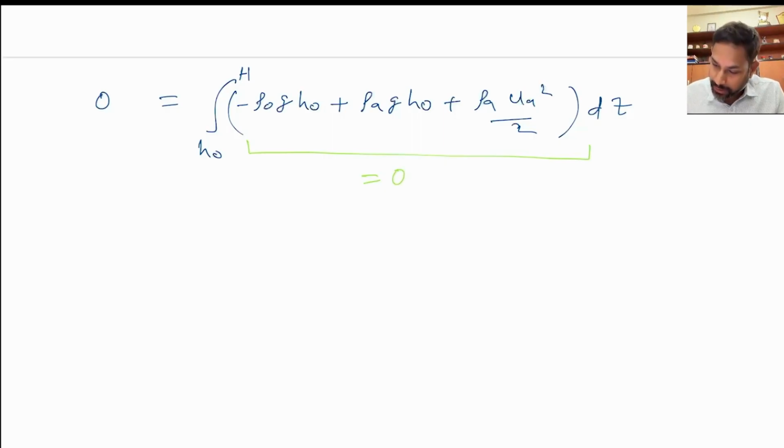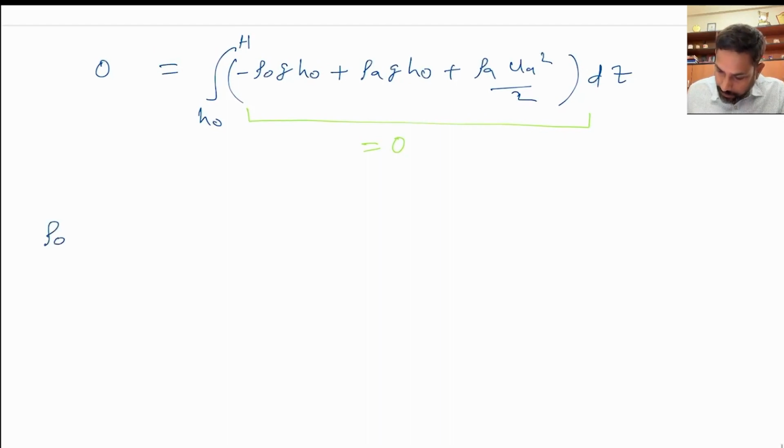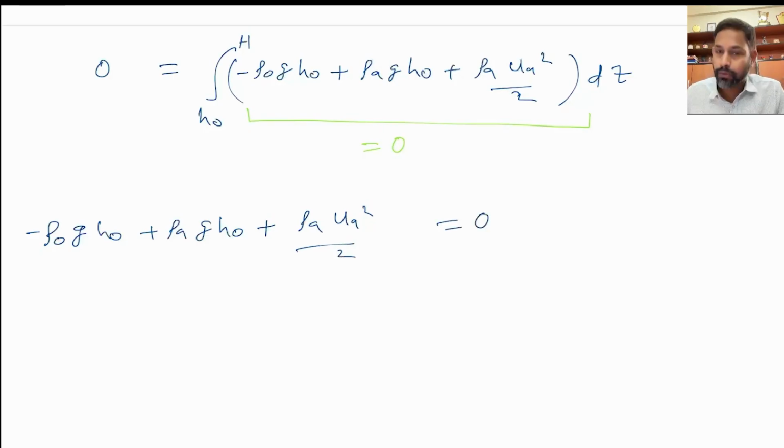That is why this term, minus rho naught g h naught plus rho a g h naught plus rho a u a square by 2, must be equal to 0 to satisfy the integral, which itself is equal to 0, and that is why we don't have to integrate it, we simply can consider that to be 0.